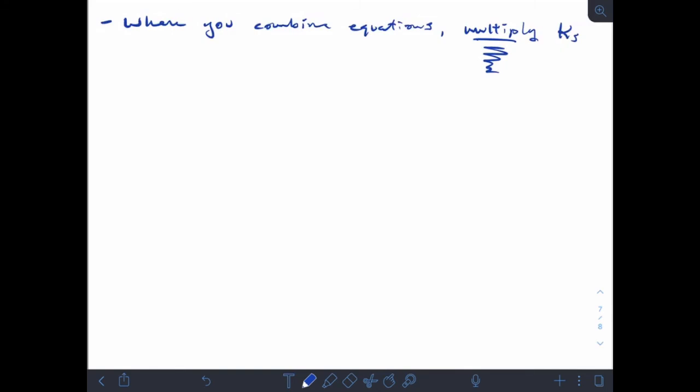Let's utilize these things. So let's say we want to know K for the following equation.